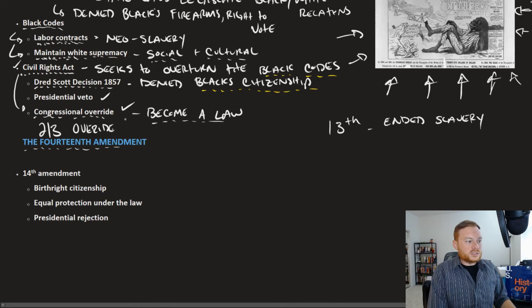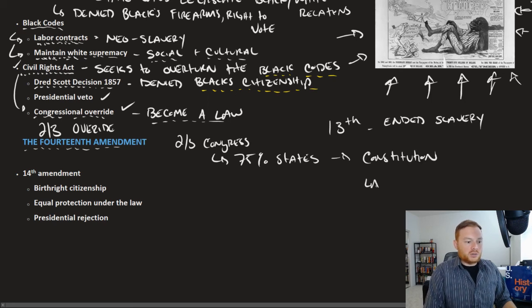The amendment process, though, requires 2/3 of Congress, but also 75% of states. And an amendment is different in that it gets added to the Constitution.